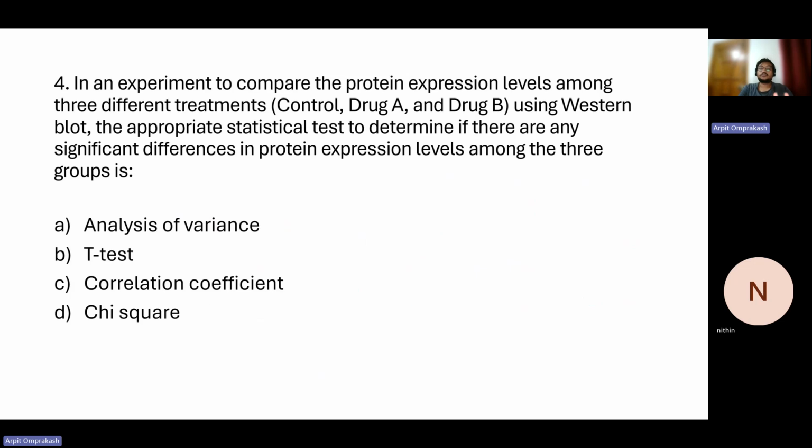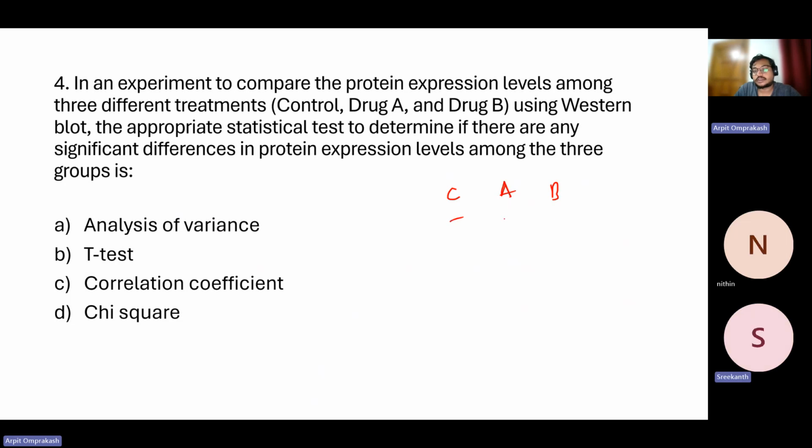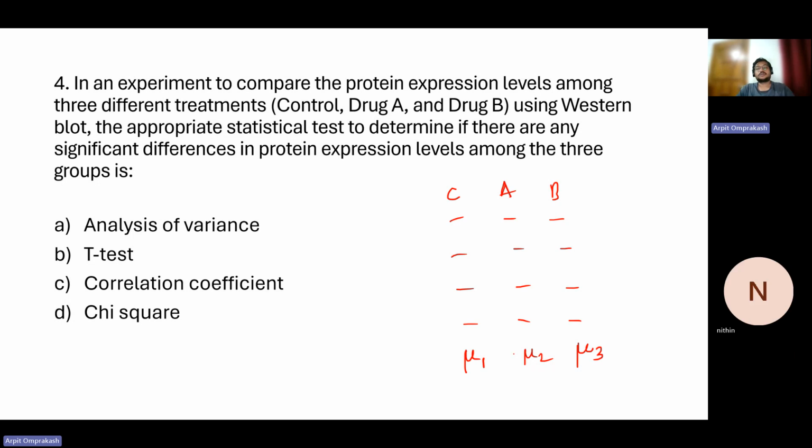We have 3 groups and we are trying to test if there is a difference in the protein expression level among these 3 groups. So we'll have control, drug A, drug B, and we'll have some expression level data from multiple samples. So what we want to find is the mean of this, the mean of this, and the mean of this. Are they the same or not?